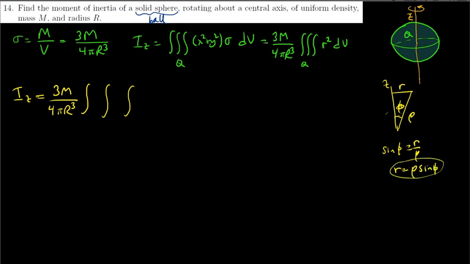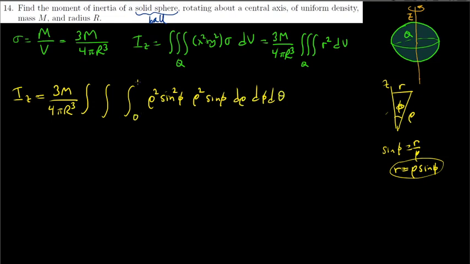You can just draw the triangle, or I think it's on your formula sheet. If not, it's something you can easily derive just by drawing the triangle here. So r squared is going to be rho squared sine squared of phi, and then dV is rho squared sine phi, d rho, d phi, d theta.